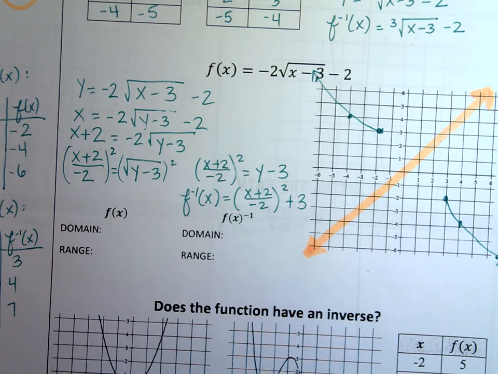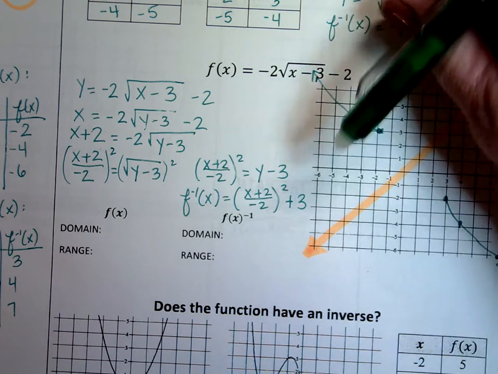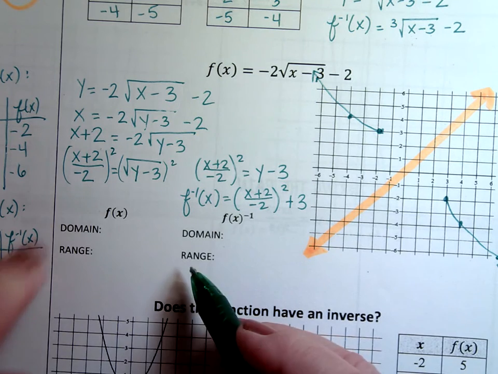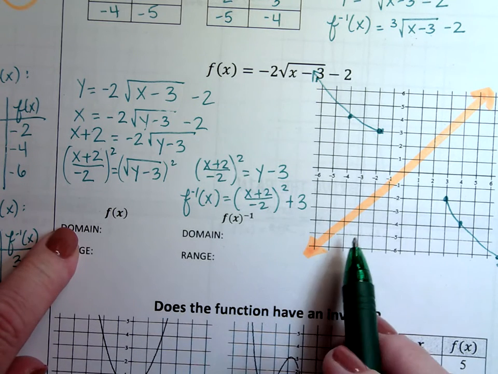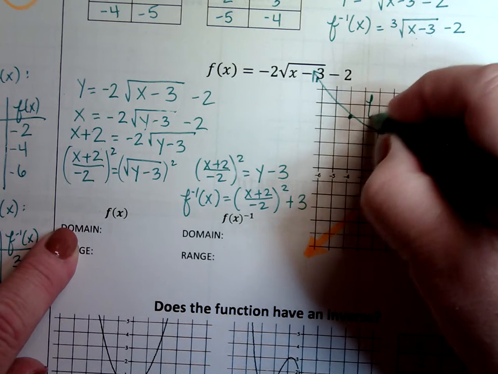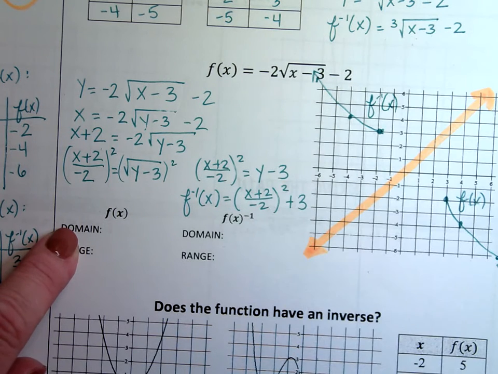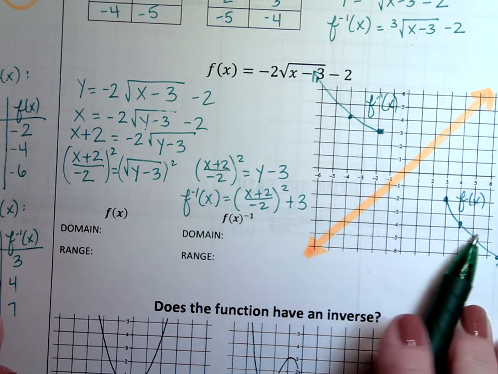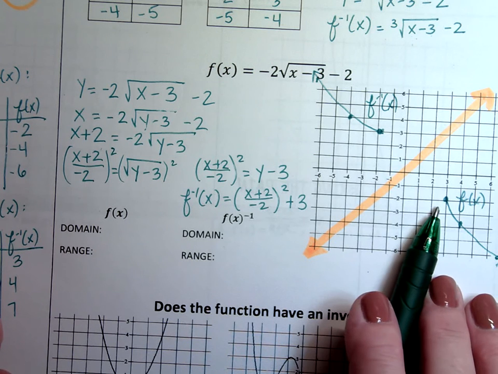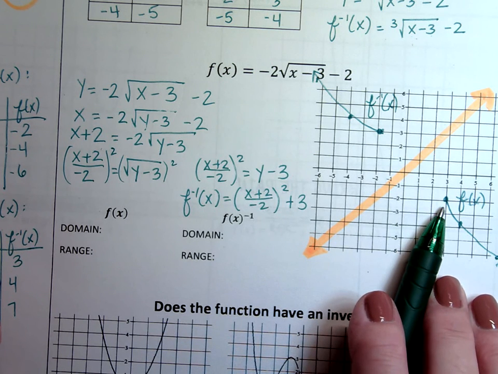So now let's talk domain and range. We haven't talked about it yet for this one, but we talk domain and range all the time. Let's go with the original function. The original function is this guy. Here's my f of x. This guy is my inverse. If I'm looking at this, how far left, how far right does he go? His leftmost point is 3.